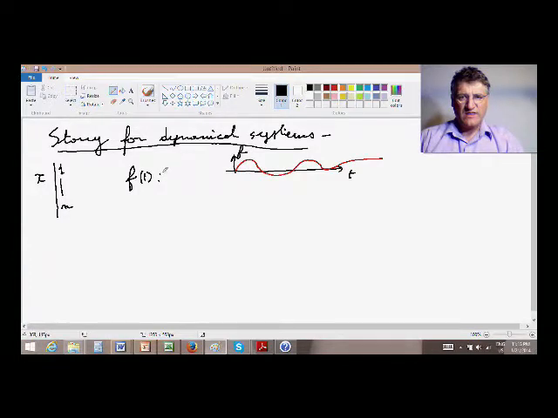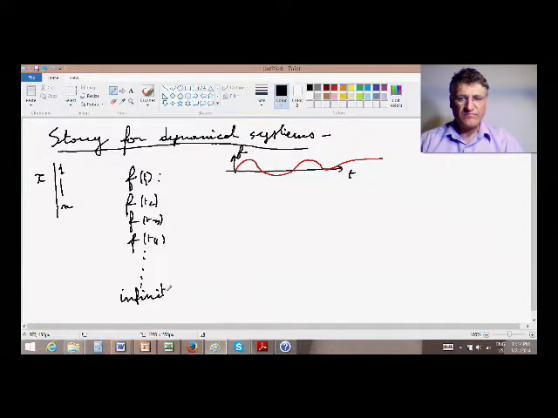Then we could imagine that f as a vector is the following: f of t1, f of t2, f of t3, f of t4, etc. Of course, you can imagine there is an infinity of entries for f.